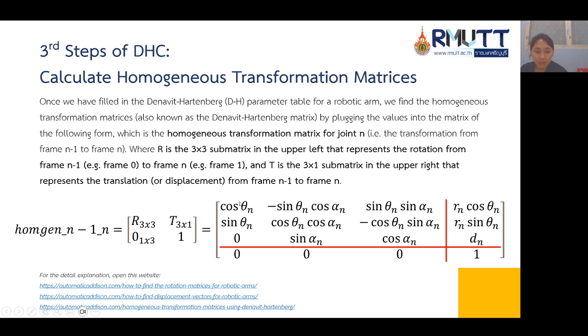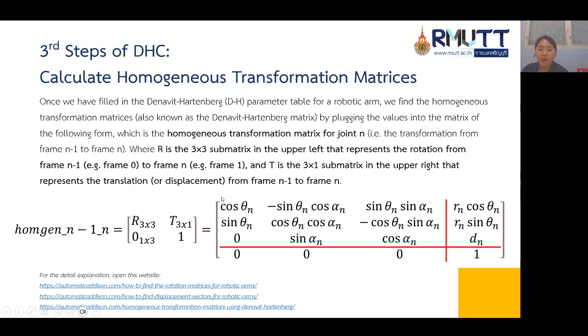And we can see the detail, where R is the 3 by 3 submatrix in the upper left that represents the rotation from frame n-1 to frame n, and T is the 3 by 1 submatrix in the upper right that represents the translation or displacement from frame n-1 to frame n, like I explained before.